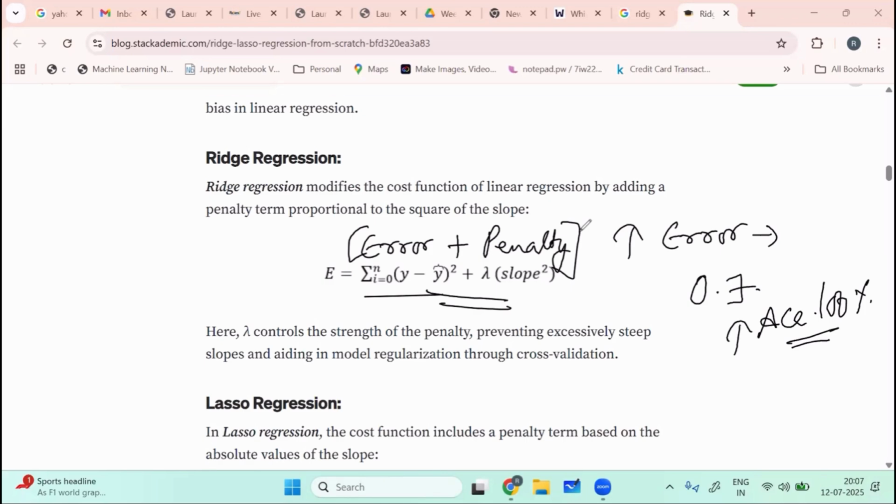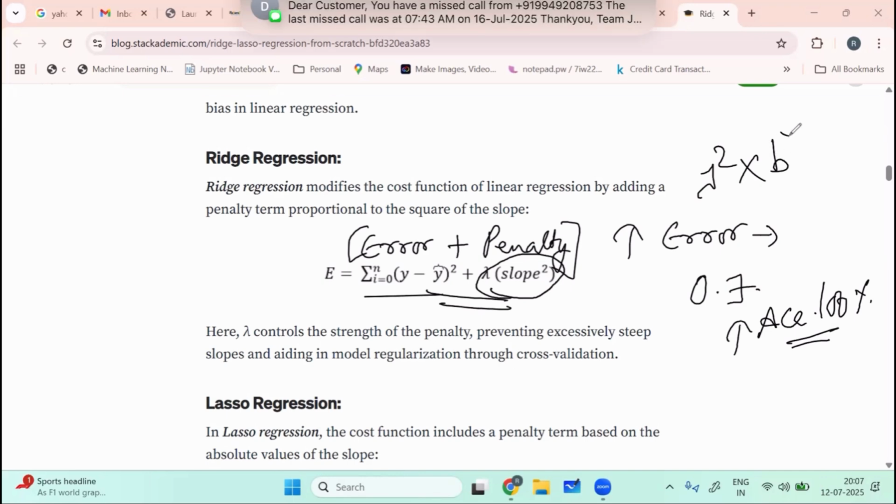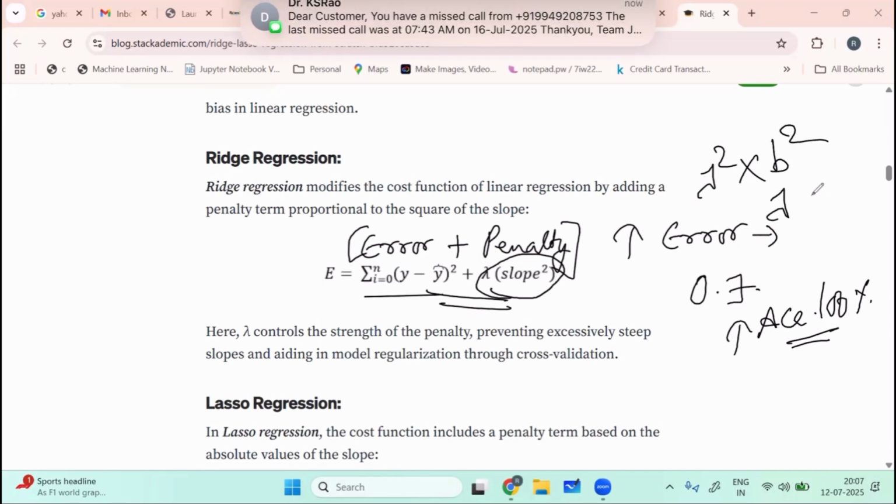You attach a penalty to the error which is already there. Where do we do that? We make the change with respect to the slope, the b, right? So either you can have lambda square multiplied with b and also take the b square, or you take lambda into b square, but take the items as a square. Okay, that will be one approach.